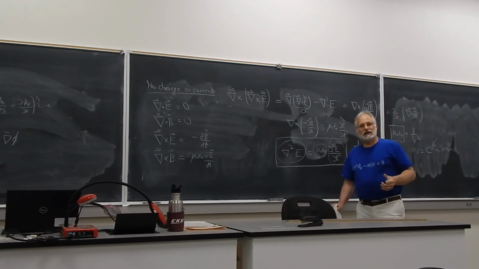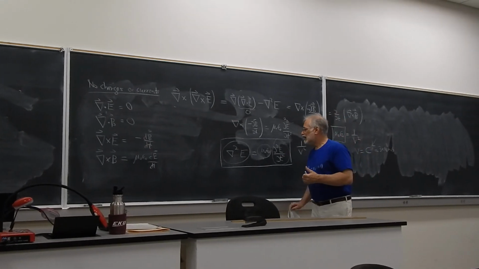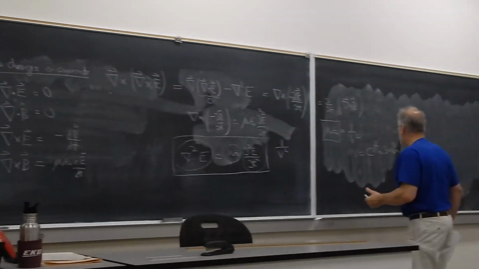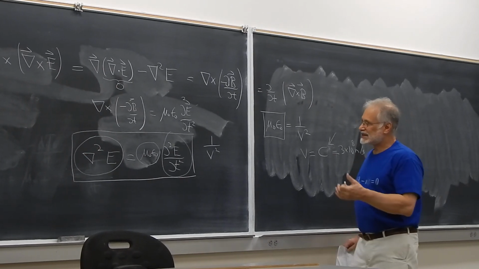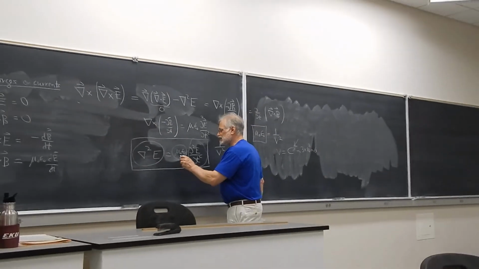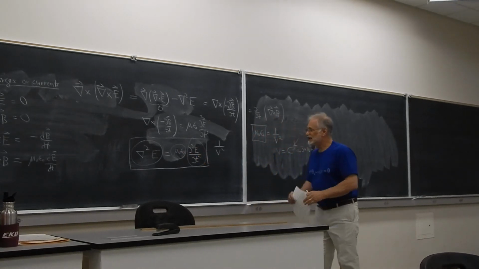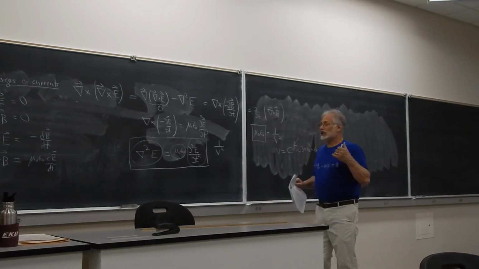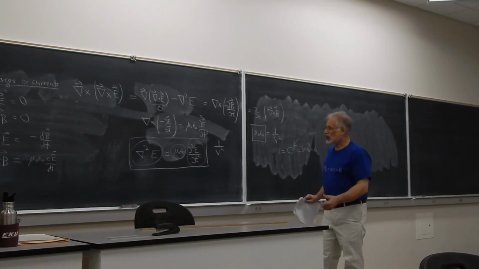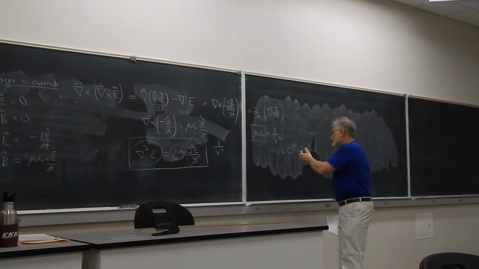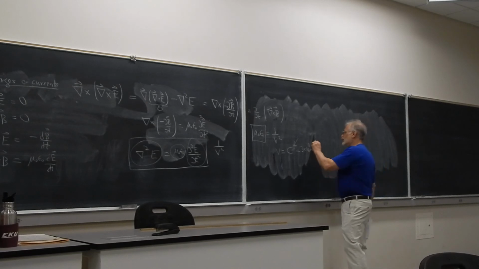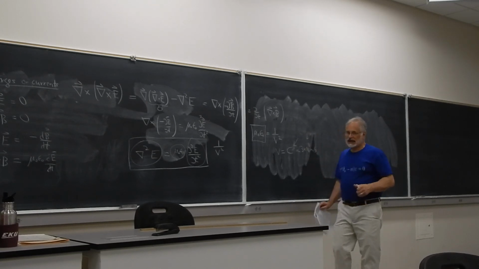What Maxwell concludes at this point is that light itself is an electromagnetic wave. This is a disturbance traveling through space. In this case, it's changing E fields. We could derive the exact same type of equation for changing B fields, and again, the velocity of the wave would be predicted to be 3 times 10 to the 8th meters per second.